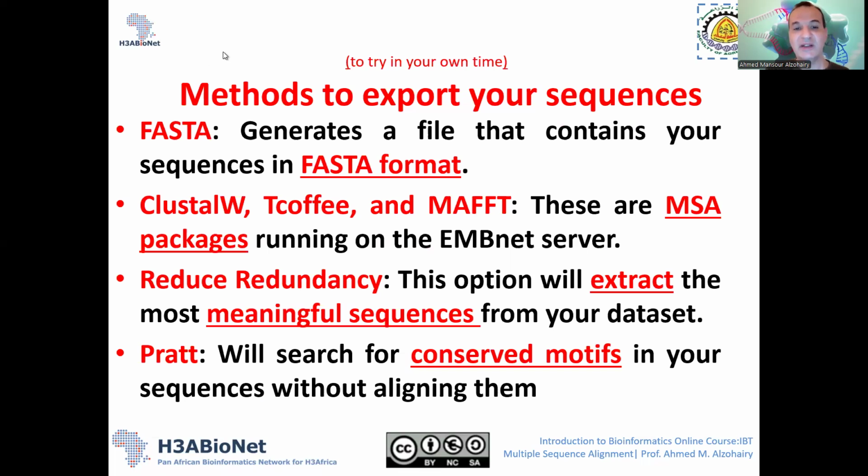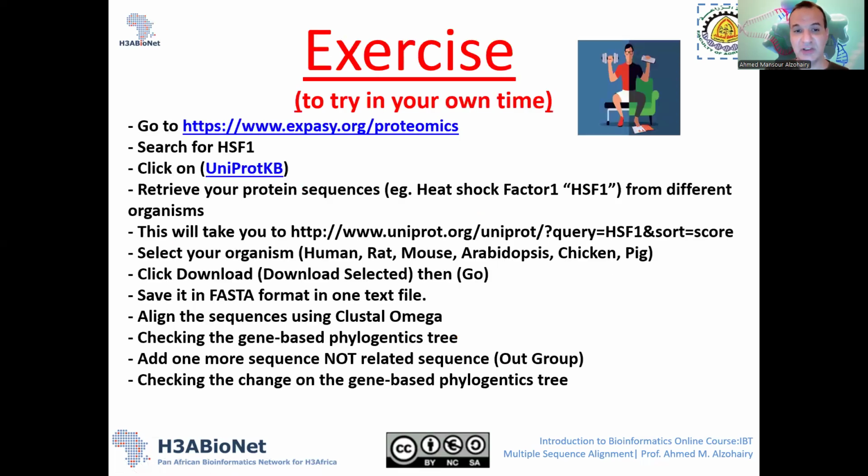And of course, you can use different programs like ClustalW or T-Coffee or MAFFT. We'll talk about them later. Try to generate a multiple sequence alignment using the sequences that you just extracted from the UniProt database. You can do this in your own time. Also, you can select heat shock protein 70 from human, rat, mouse, Arabidopsis, chicken, and pig.